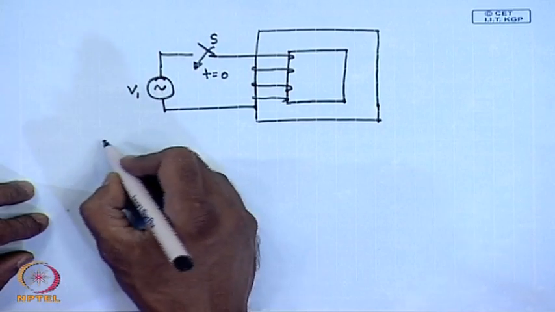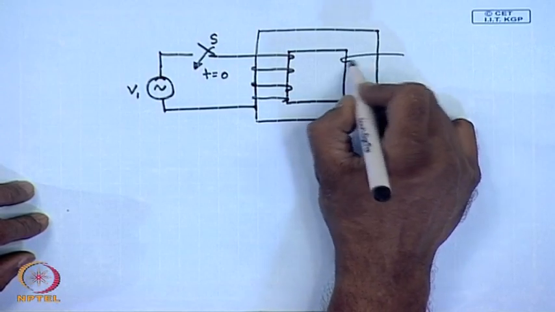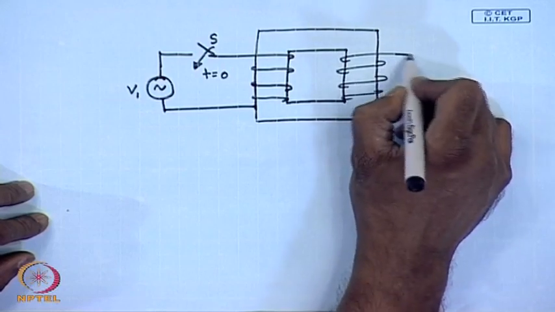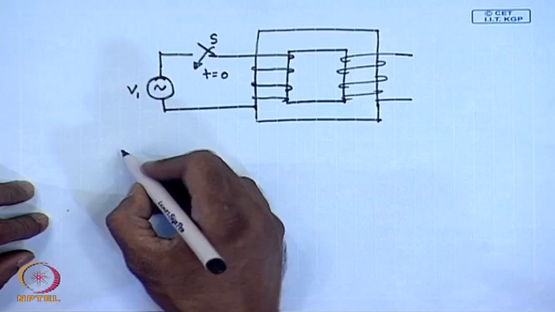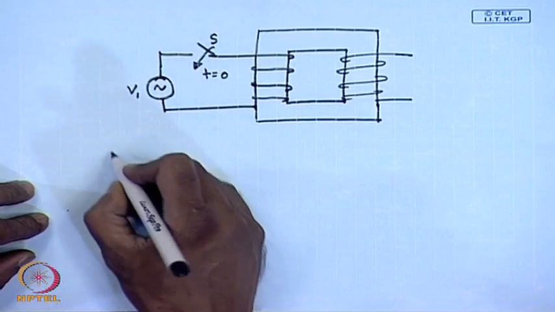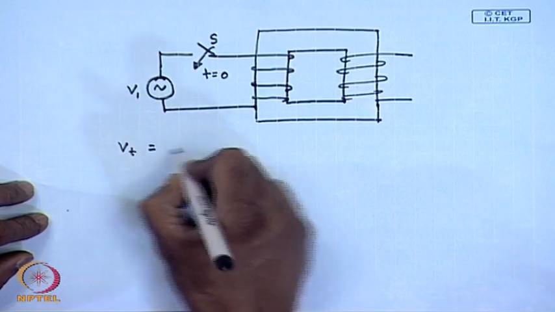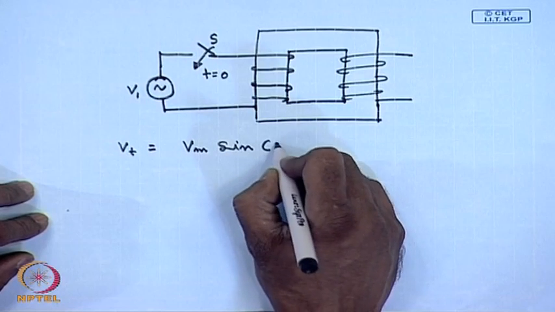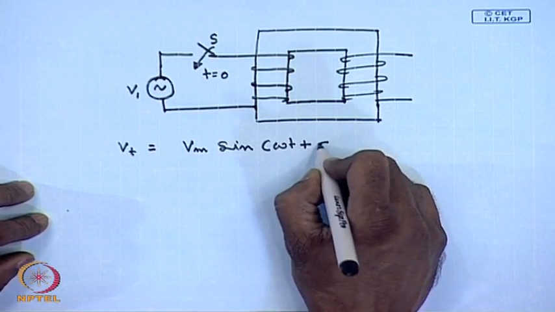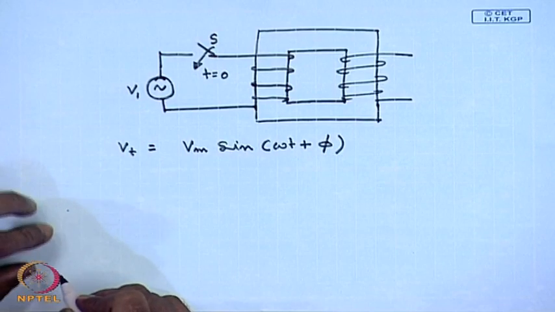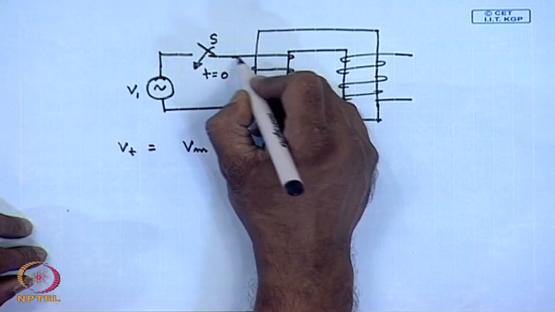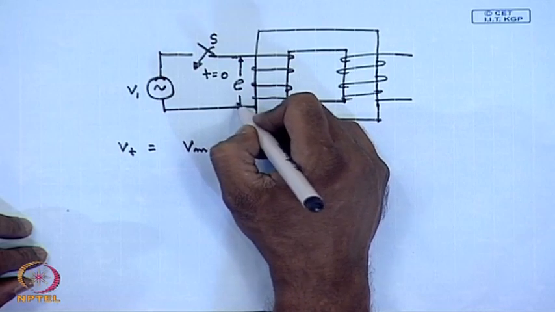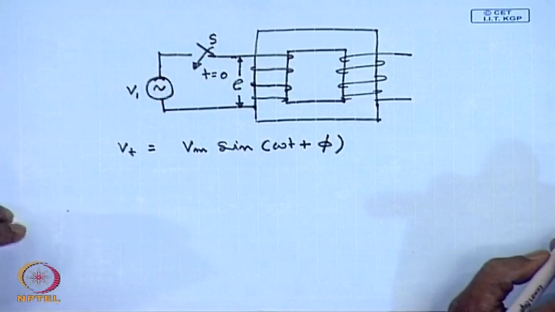Let us say the transformer is on no load, and the voltage is V 1 equal to V m sin omega t plus phi. As before, we will assume that the resistance of the winding is negligible.